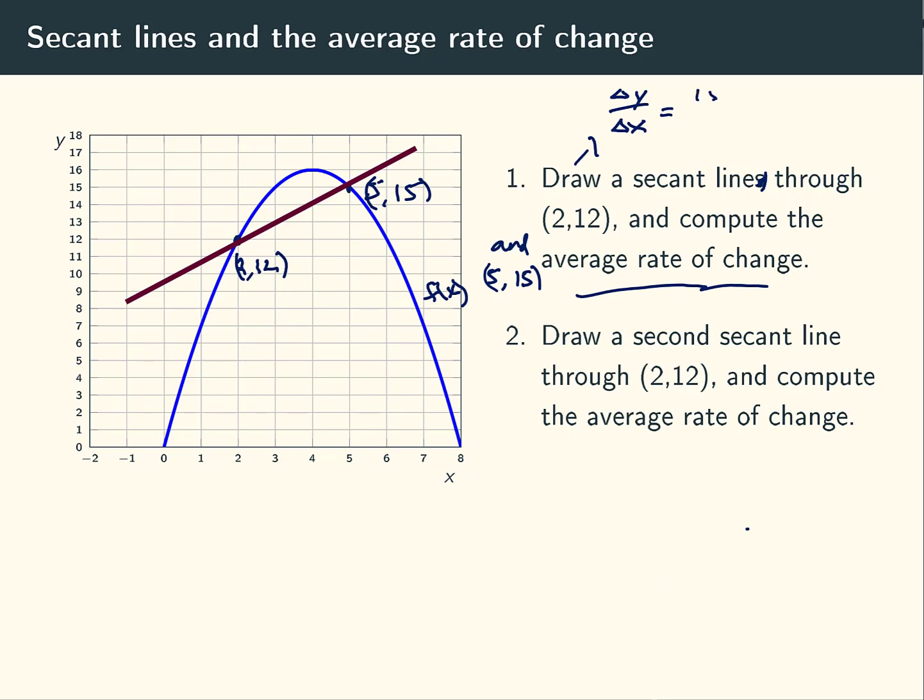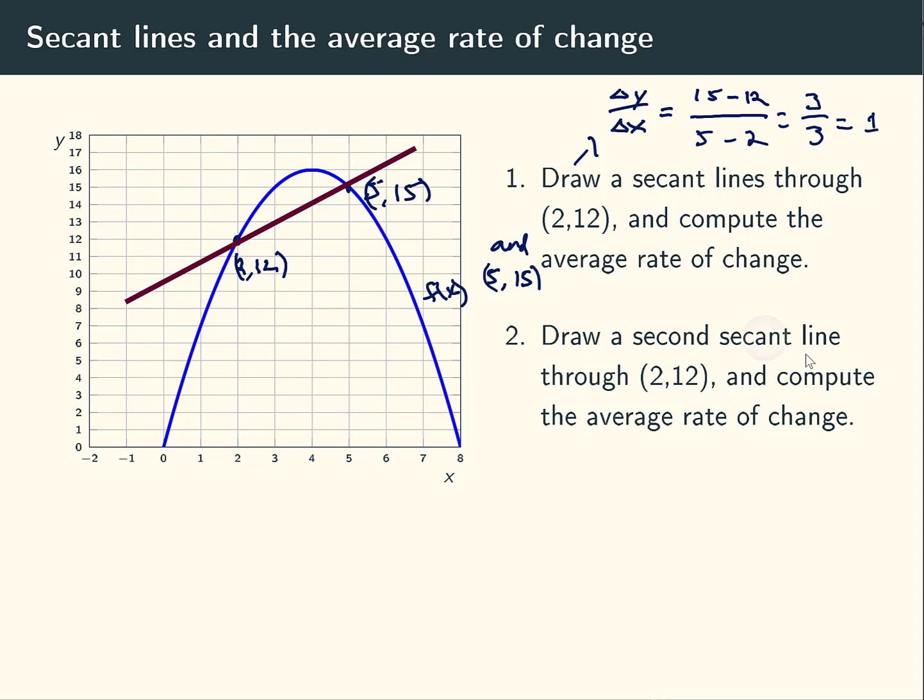It's going to be 15 minus 12 over 5 minus 2, the change in x, and we get 3 divided by 3, which is just equal to a rate of change equal to 1.